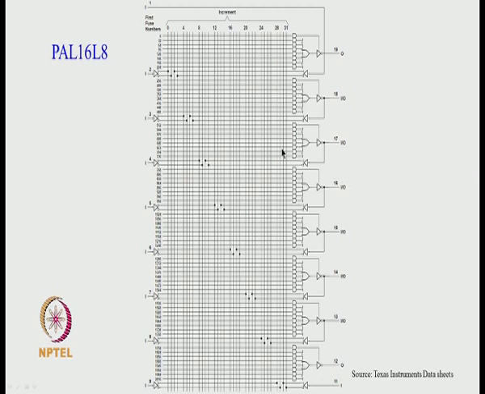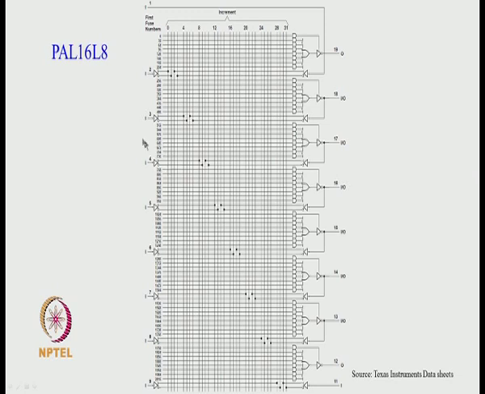So to understand it a little better: essentially it was a general purpose programmable device where you connect various inputs. It really doesn't matter where you connect, and that was the first time something like this was happening. You could connect the input lines anywhere.